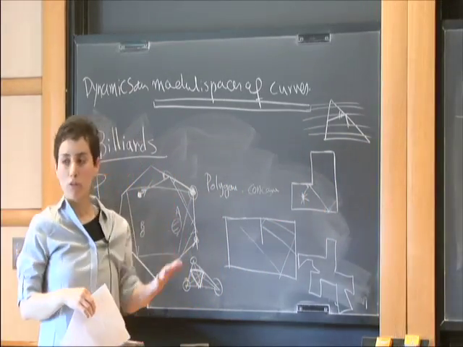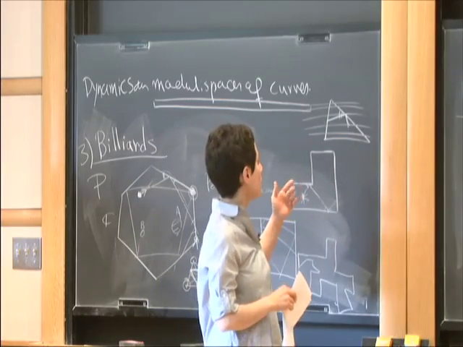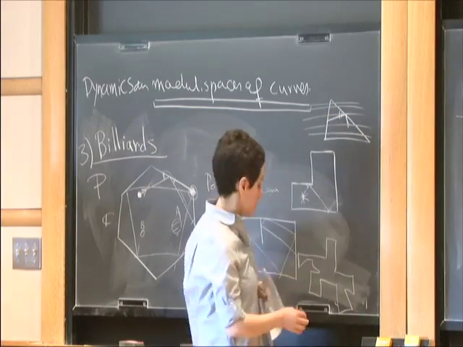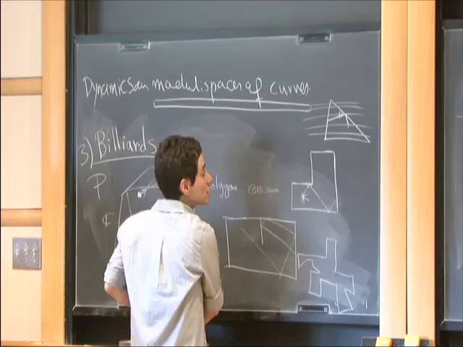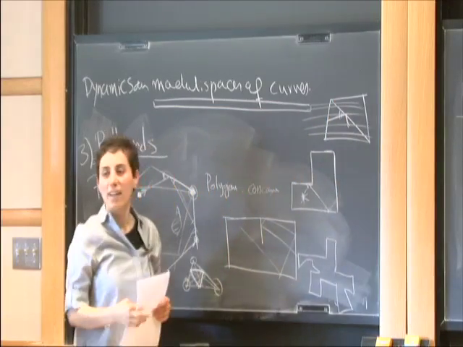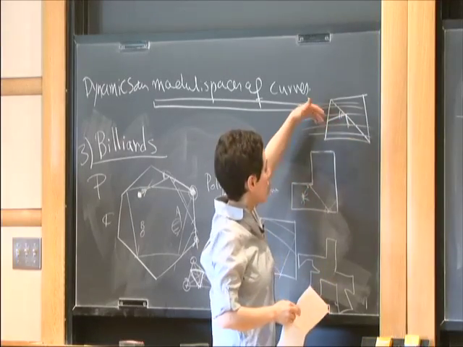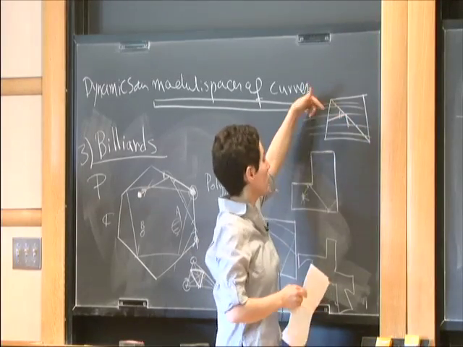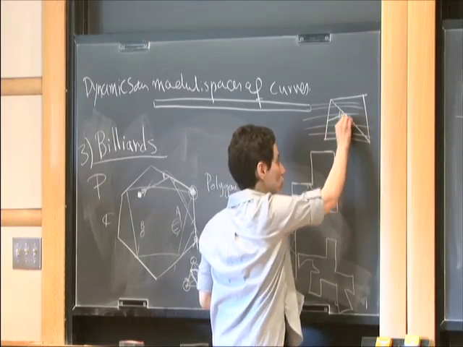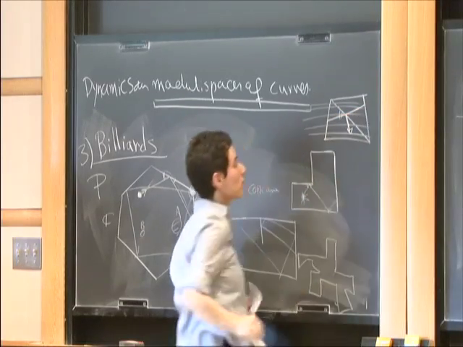So what you're doing, and we will use this, is taking the reflection of the triangle or your polygon along the edge of your polygon, and instead of looking at the billiard path like this, you're just continuing the straight line.